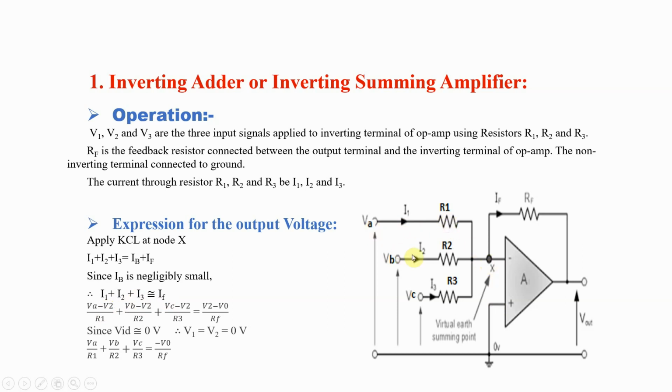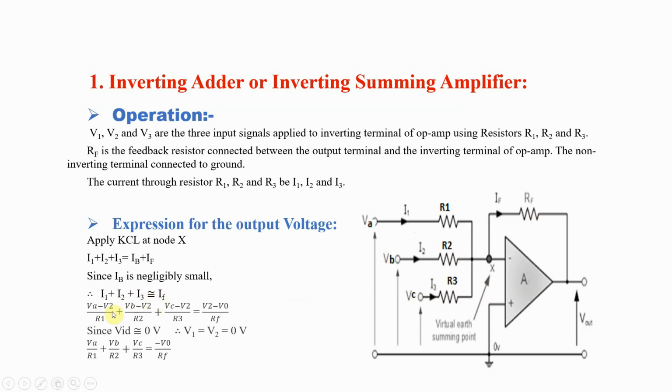I2 is equal to VB minus V2 divided by R2. And I3 is equal to VC minus V2 divided by R3. And what is IF? IF is equal to V2, the inverting voltage, minus V0 divided by RF. Then put all the values of I1, I2, I3 and IF in the equation.